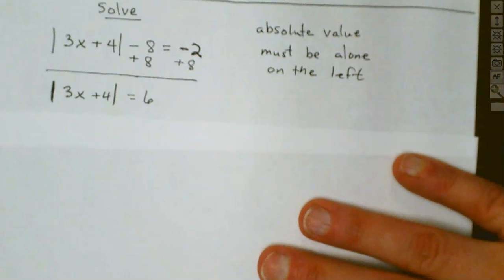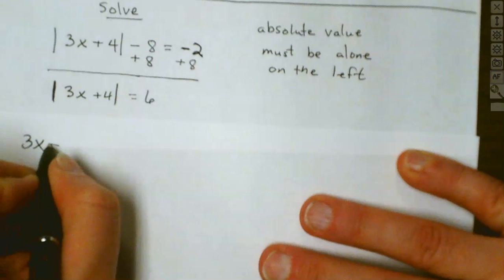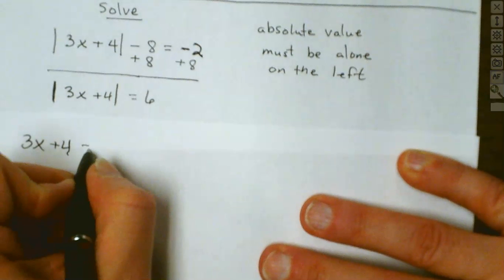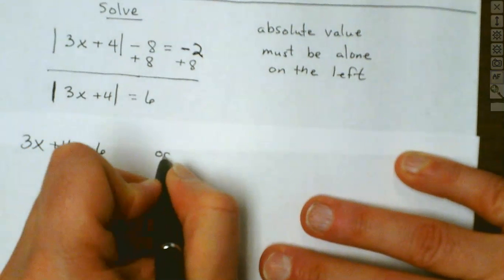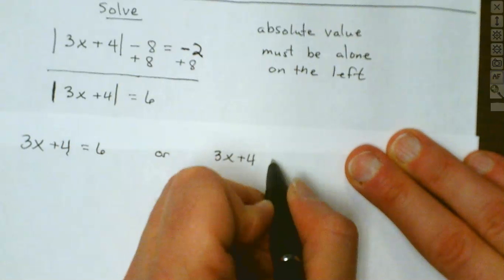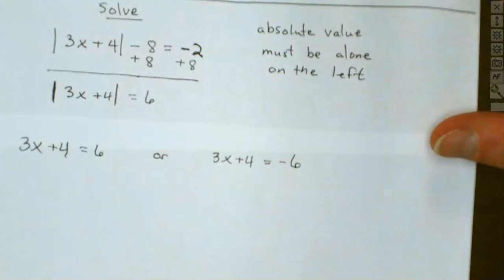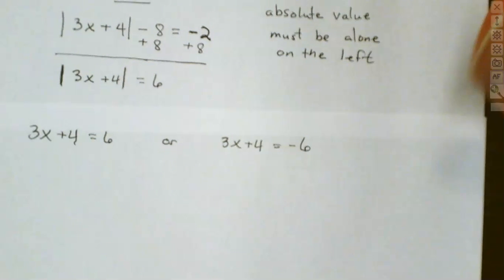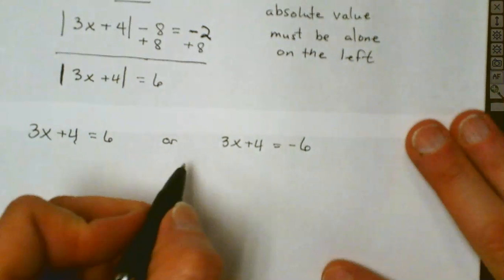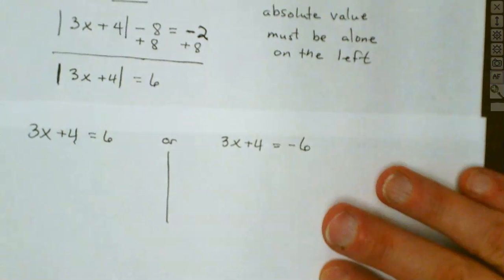Now, what do my two equations look like? Well, they look like 3x plus 4 equals 6, or 3x plus 4 equals a negative 6. See, we have one that is positive, and we have one that is negative. I always like to draw my line down the middle, and then we solve it.